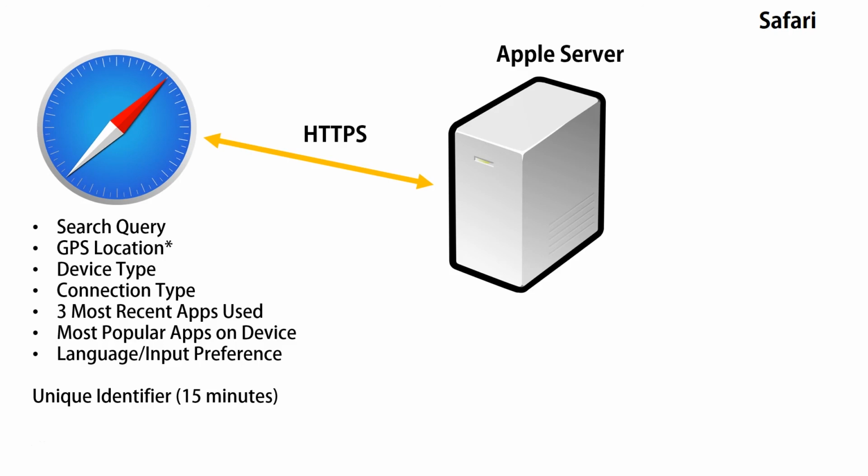A search query itself, your GPS location, the type of device you're searching on, so if you have a phone or a tablet, what kind of connection you have. Are you on Wi-Fi? Are you hardwired? Probably not. Are you on 4G?